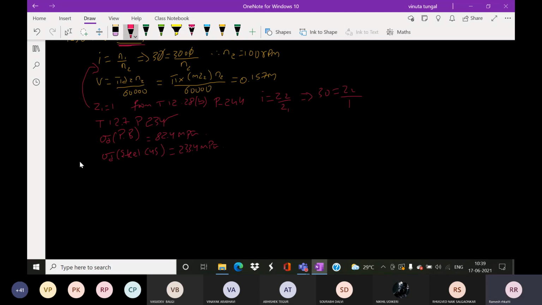Sir, if materials are not given, then we have to assume phosphor gear bronze only. Yes, you can assume phosphor bronze and steel C45. Why? Because I have referred at least 2 or 3 textbooks. In that they have taken only phosphor bronze and steel C45. In the final exam, whatever questions will be asked, they will be taken from the textbook only.